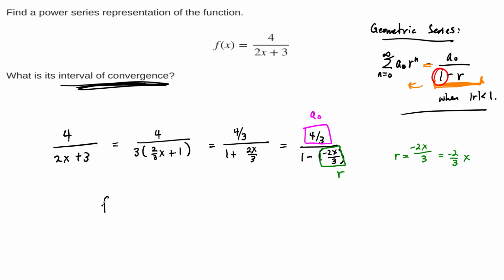So what we learn is that f of x, our function, which is 4 over 2x plus 3, is equal to the sum of the geometric series, sum n goes from 0 to infinity, of a naught, that's our 4/3, times r to the power n. So that's negative 2x over 3, all to the power n.